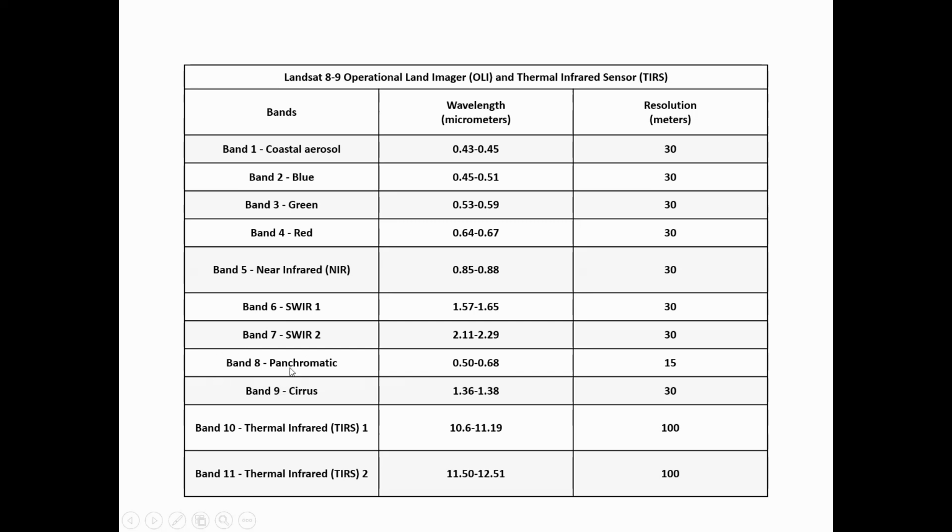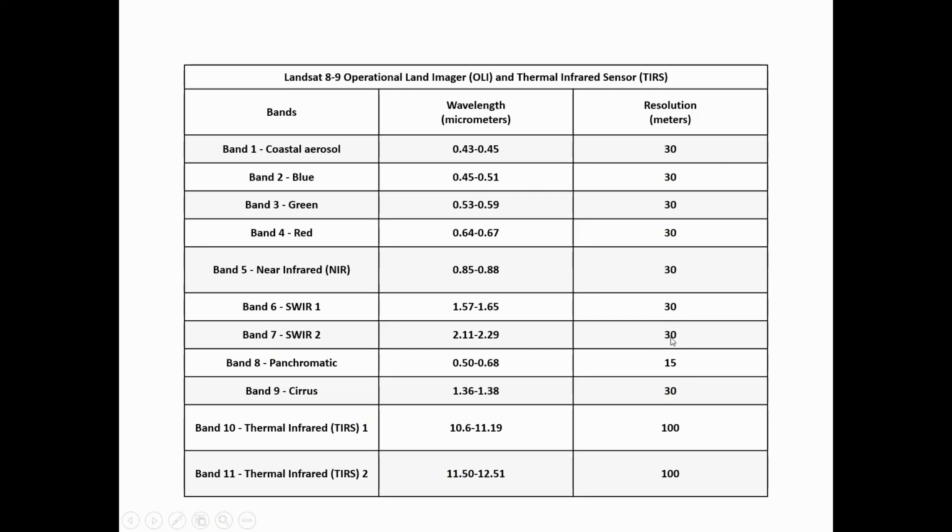Band 8 is a panchromatic band, and you can see the resolution of this panchromatic band is very high, 15 meter. The rest of the bands are 30 meter. That's why this band is used for the process of pan sharpening. I'm not going into detail of pan sharpening. I'm just telling you that this band helps to bring the other bands to 15 meters.